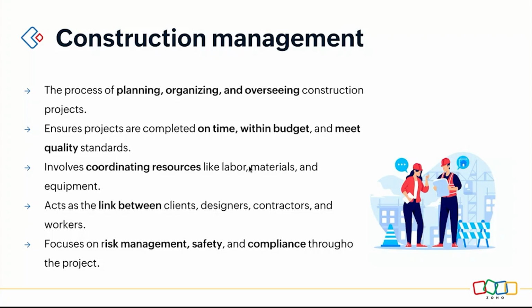And also this particular automation should provide coordination between all the resources involved in the construction. And also it should act as a link between the client, designer, contractors, and the workers. So all these people, the stakeholders of the application, should be notified or should have a proper communication channel until the construction project that has been initiated comes to an end.